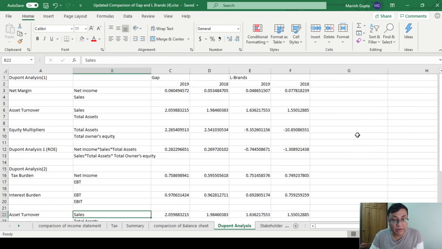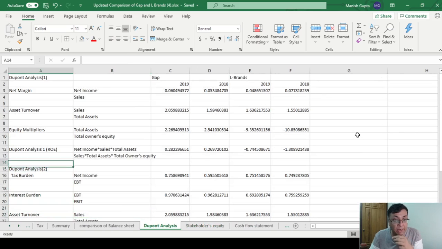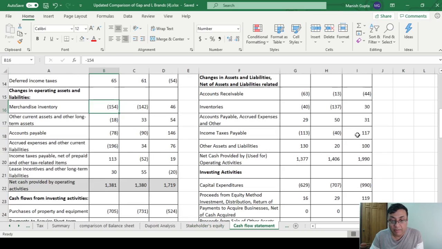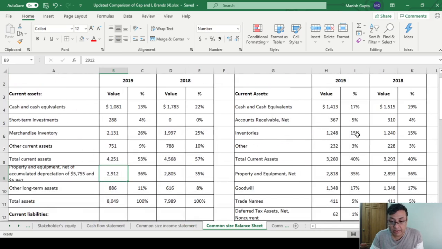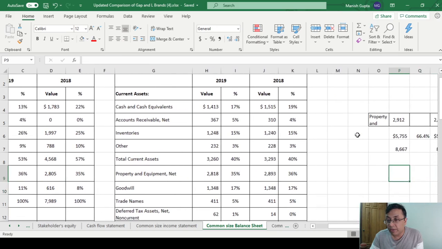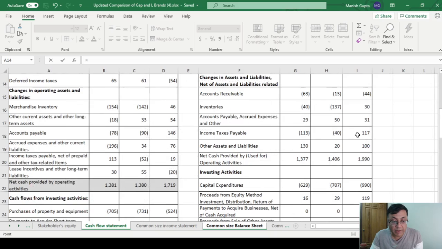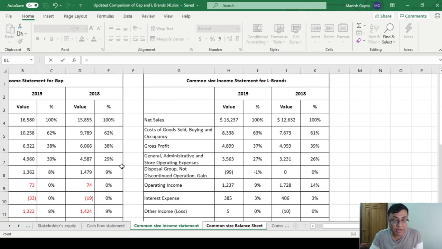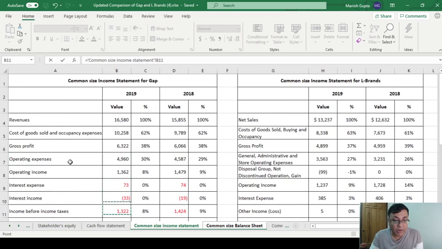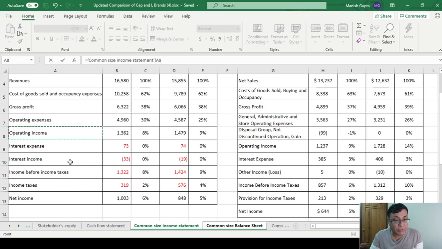But you can calculate the return on assets by calculating the cash from operations. Let's calculate that quickly. This is the total assets, the total value. The net income or the EBITDA, you can see in the common size income statement. We are not including the depreciation here, so we are calculating the operating income only.